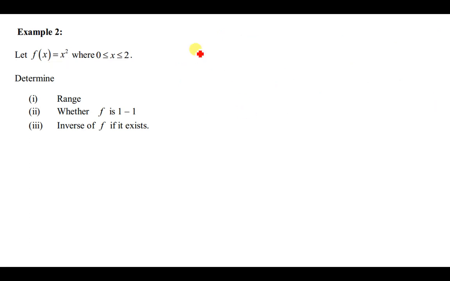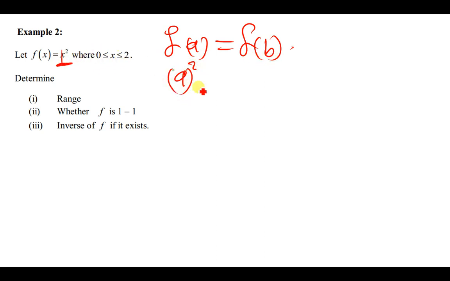So I said we're going to use x1 and x2, or let me use a and b for the sake of understanding. So we say f of a is equal to f of b. We replace where there is x with a on this side, and with b on that side. So we're going to say a to the power 2 is equal to b to the power 2.